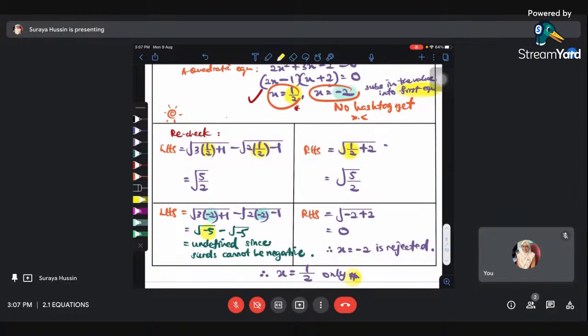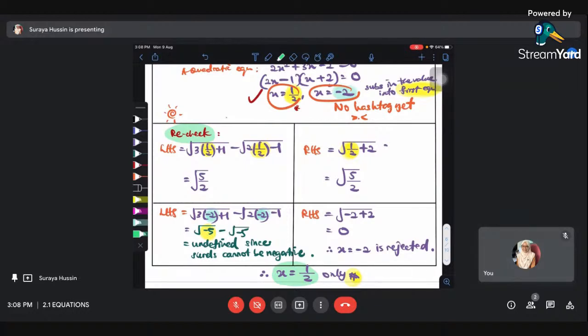Macam mana nak tahu mana satu yang betul dan diterima? You have to do recheck. That is the only way of getting the final answer correct. I hope you do understand kepentingan recheck tersebut. Now we are done untuk Surd.